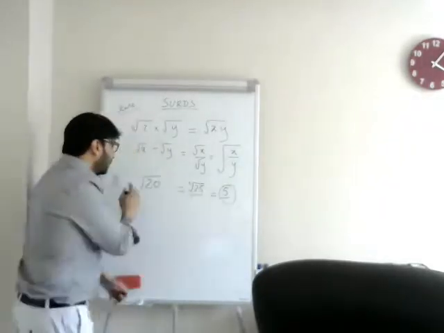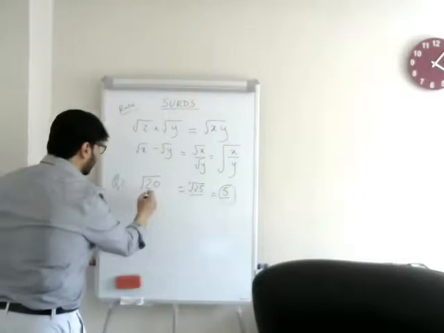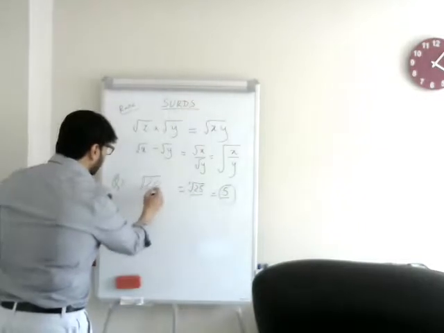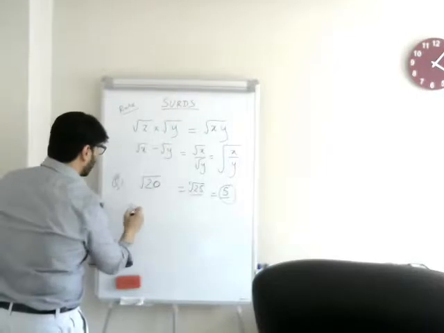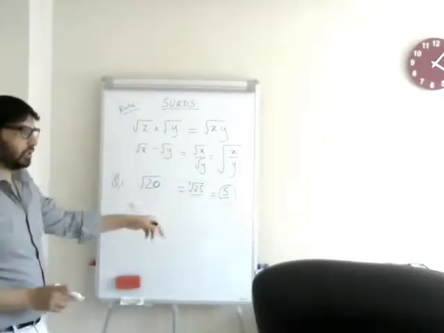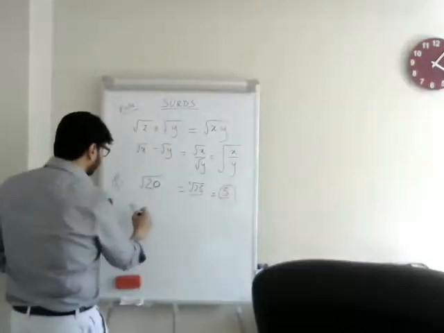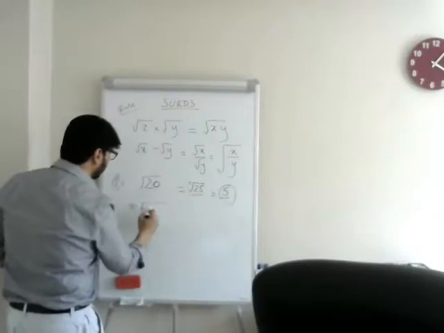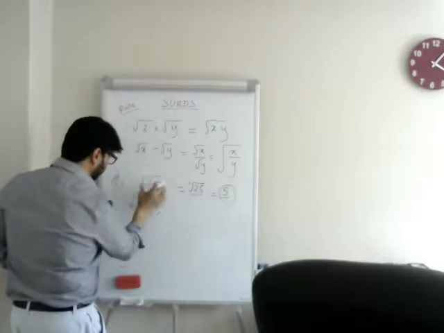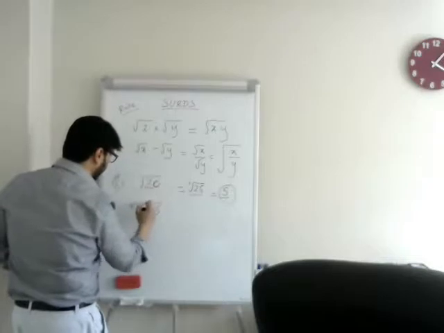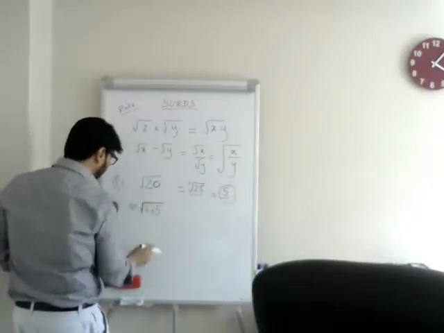But in this case we need to expand this. So we need to find the factors of 20. We know the two factors, which are 4 times 5, and we open this number up into two of its factors.